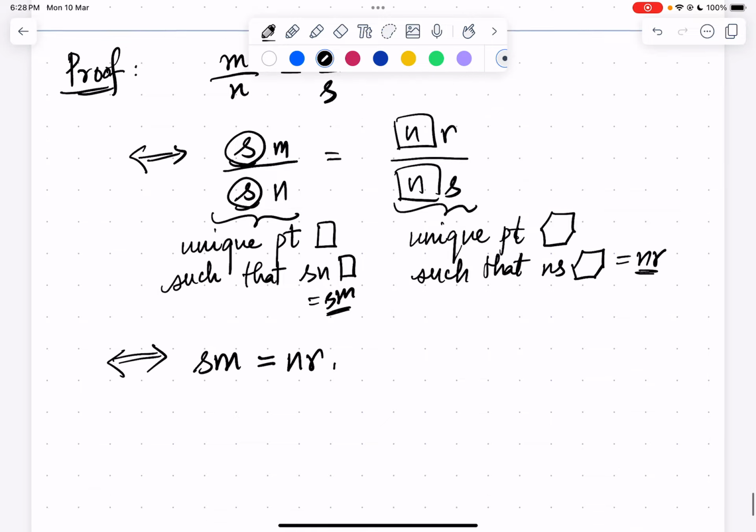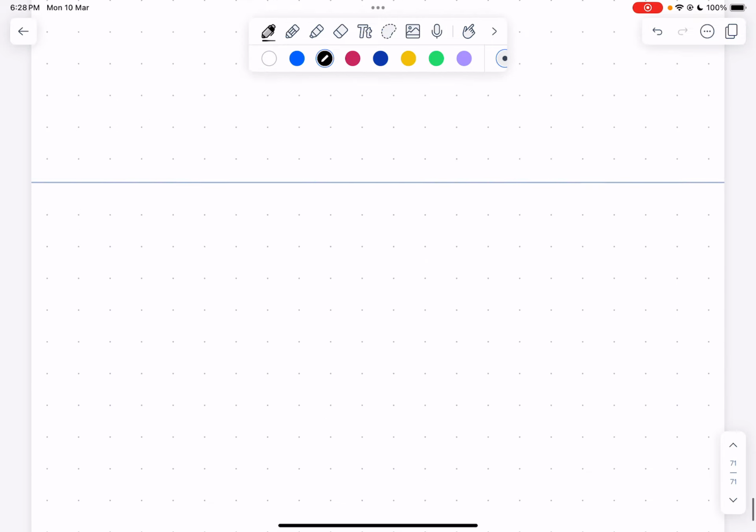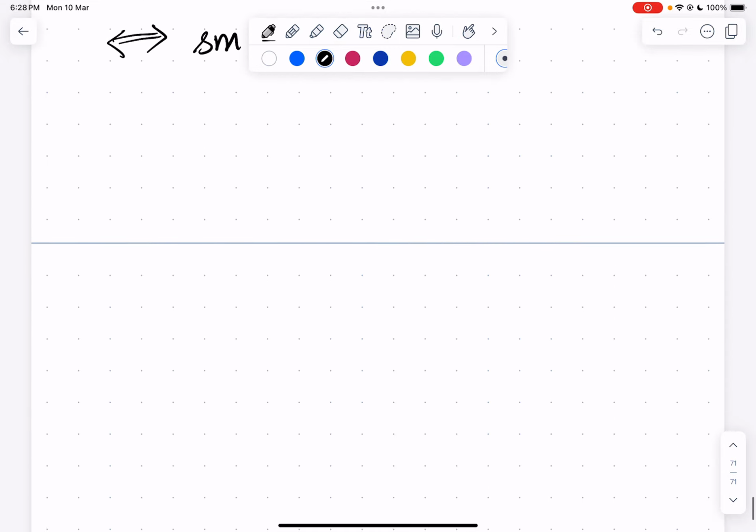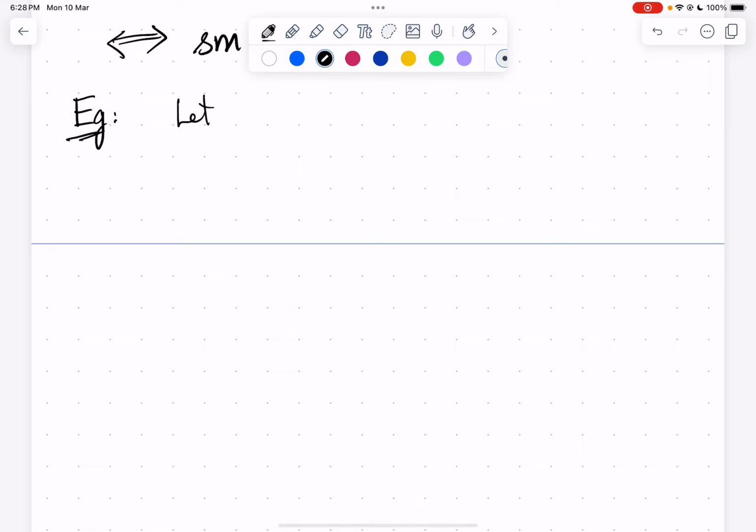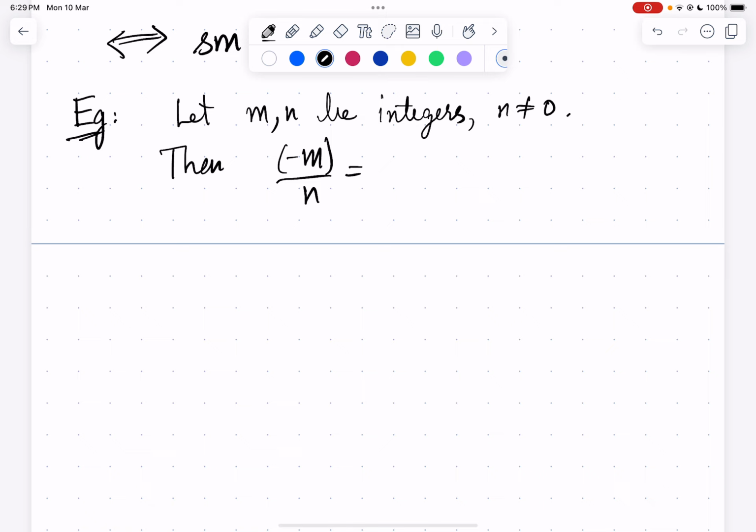For example, here's an example. Let m, n be integers and n not equal to 0. Then the rational number minus m by n is the same as m by minus n.